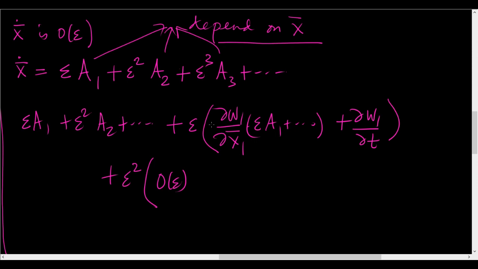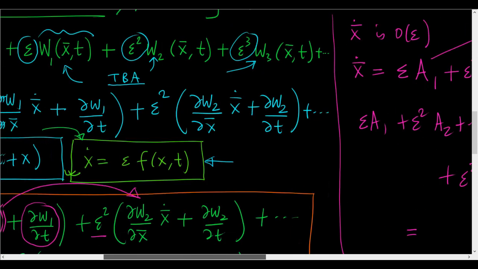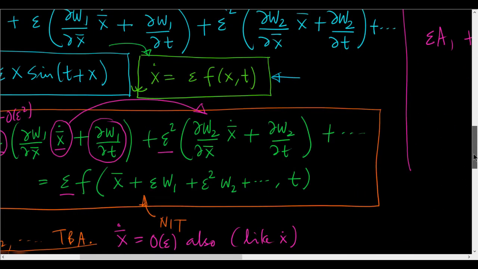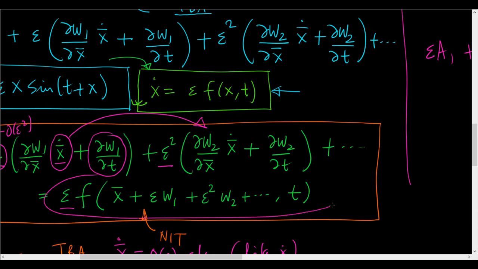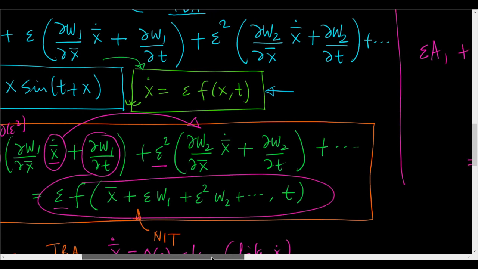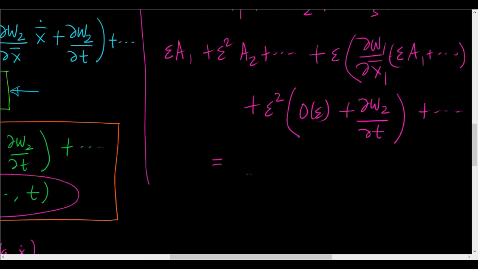This is the del w2 del x bar, and then plus del w2 del t something is equal to, and then let's look here to make sure that we are not making a mistake. This is the part we want, and so we get epsilon f of x bar and t plus order epsilon squared. That's the key part. I'm going to take this expansion in Maple, so you will see how that works out.